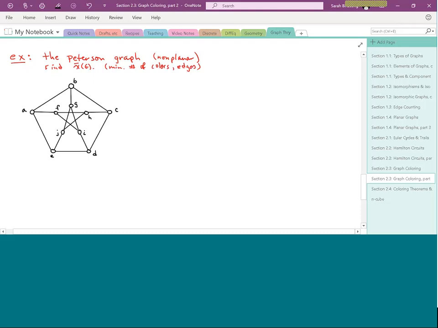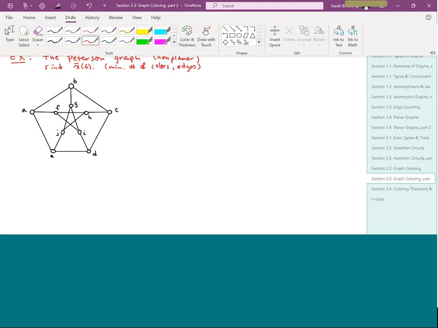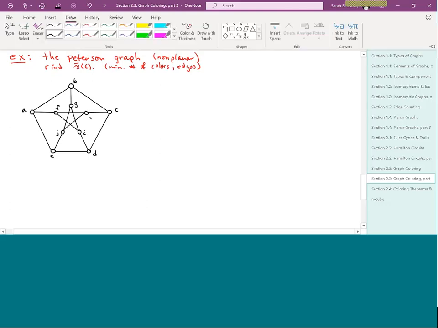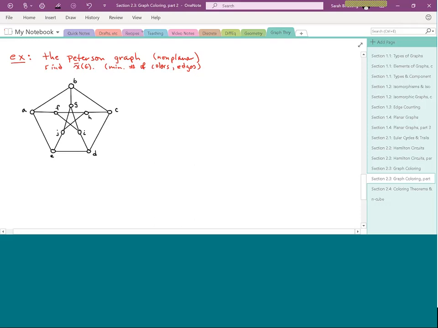Now, the trick in terms of edge colorings is you want to identify your vertex that has the highest degree. So let me first draw a picture of what we're looking for. In our edge coloring, and this is actually true of any edge coloring, you've got some vertex, whatever vertex it would be, and you've got your edges coming in. And yep, we found the degree of all of these guys was degree 3.